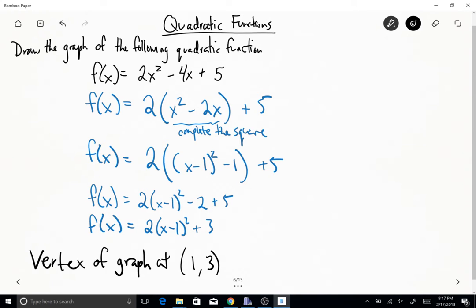And how do I get that information? Well, this tells us that we shift right 1 unit, and this tells us we shift up 3 units. Yes, that's exactly right.